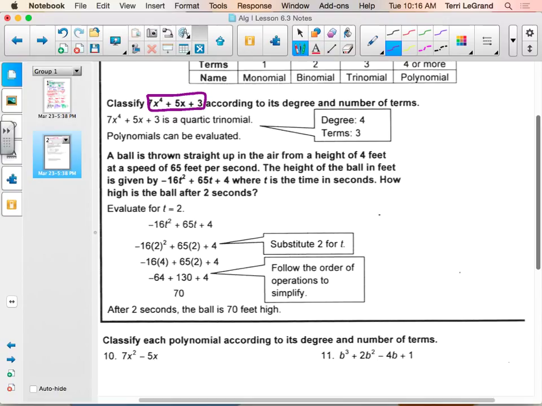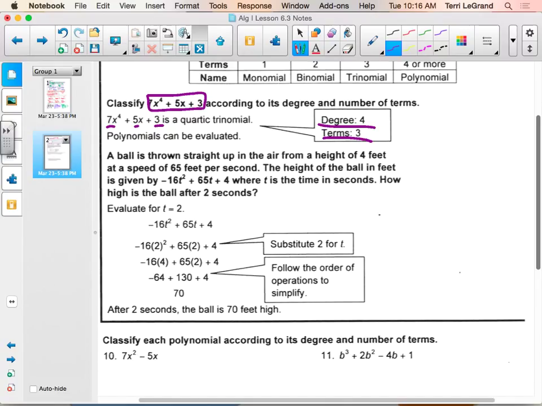So what is its degree? It's a degree 4, so right here, put an underline in that. It's a degree 4 because 7x to the 4th power is a degree 4. And how many monomials are there involved? There are 3, 1, 2, 3, so we say it has 3 terms.